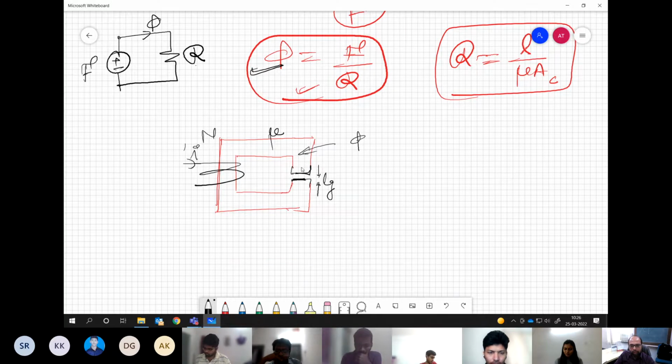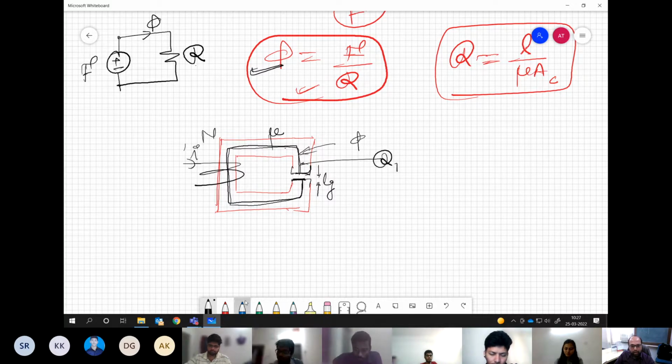But now we have two different materials coming in this path. One is air and one is this magnetic material. So we can split the reluctance for these two paths. We can take this black line that I have drawn, the reluctance of this path as say R1, and the reluctance of this blue line as R2. So these two reluctances are now coming in series.